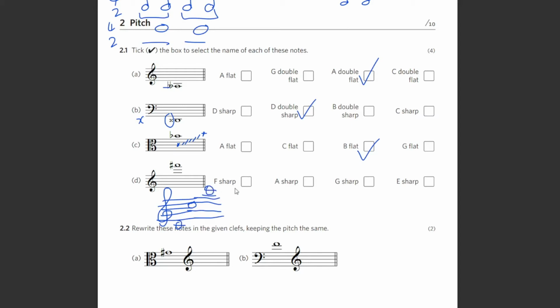Once you know that this is C, it's easier to count. You don't need to count from middle C. This is C, this is D, this is E, and this is F. So this note here is F sharp.